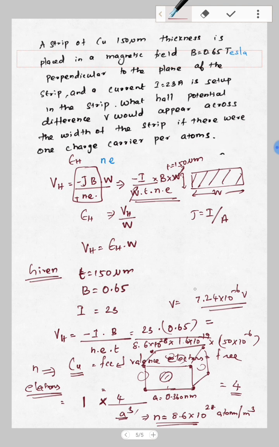So the absolute voltage is 7.24 into 10 to the power of minus 6 volts, which is 7.24 microvolt. We can solve similar kinds of problems, and this is all about problems in the Hall field experiments. Thank you for listening.